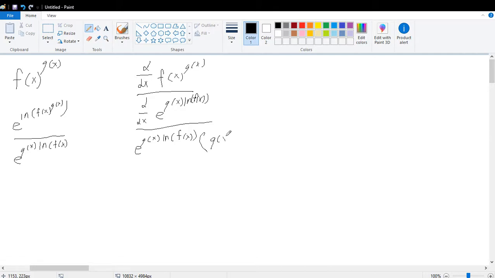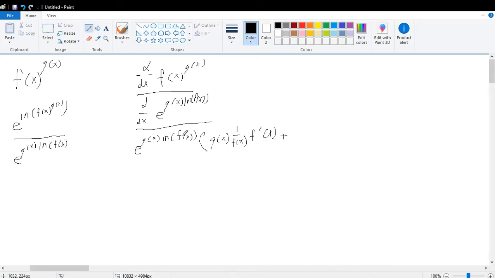g of x, and then we derive ln of f of x, which is going to use the chain rule again because it's a function inside of another function. f of x is inside of ln, the natural log. So, first the derivative of the outermost function, ln of f of x, which is 1 over f of x, times the derivative of the inner function, which is f of x, which is just f prime of x.